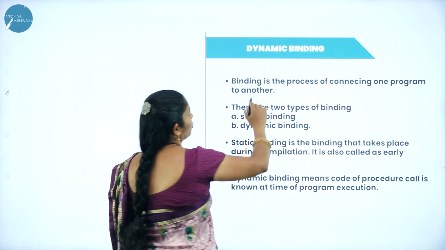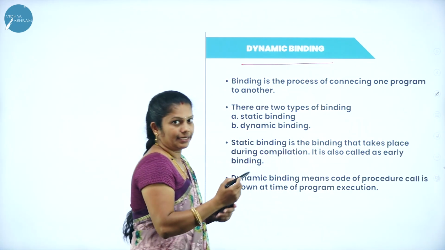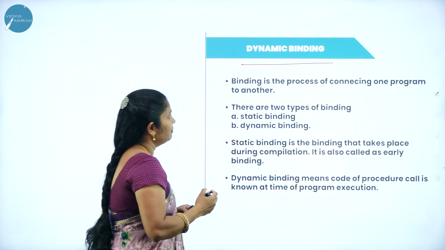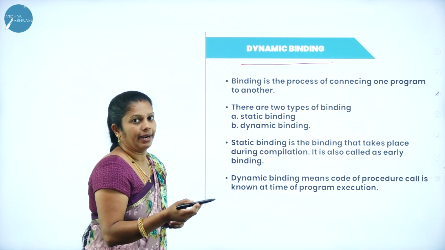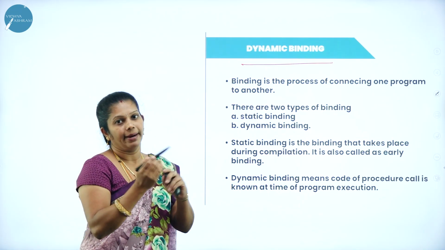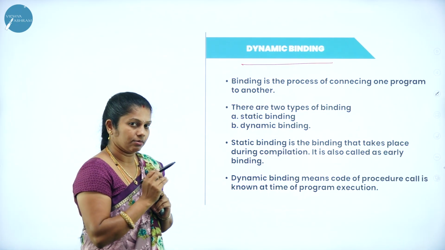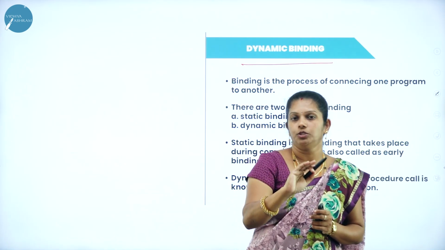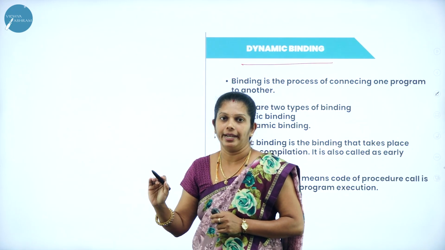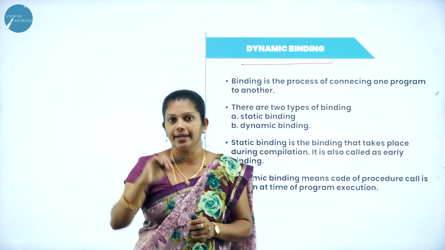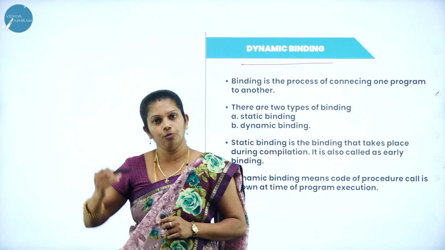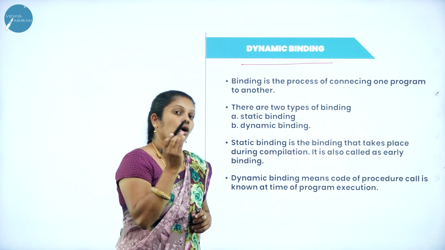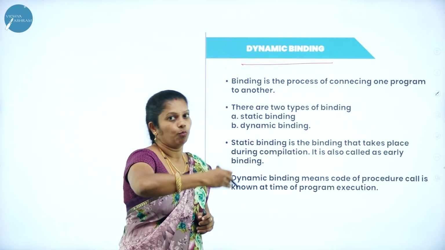Next, we will discuss dynamic binding, the next feature. First of all, what do you mean by binding? Binding is a process of combining the small programs. For example, I already told you the difference between object-oriented and procedural-oriented. Procedural-oriented follows a top-down approach, whereas object-oriented follows a bottom-up approach.